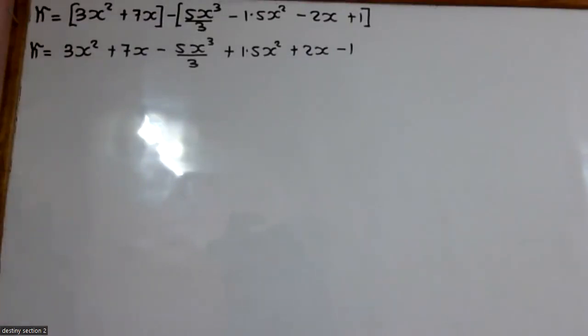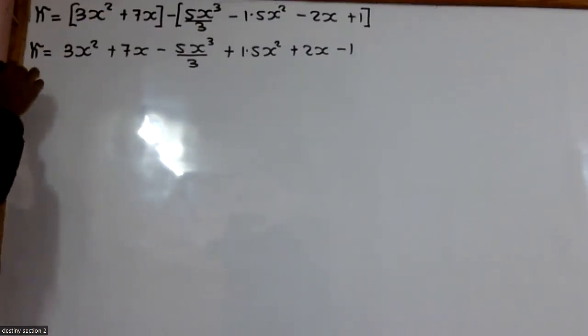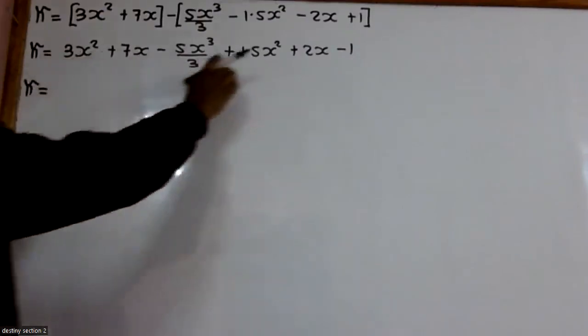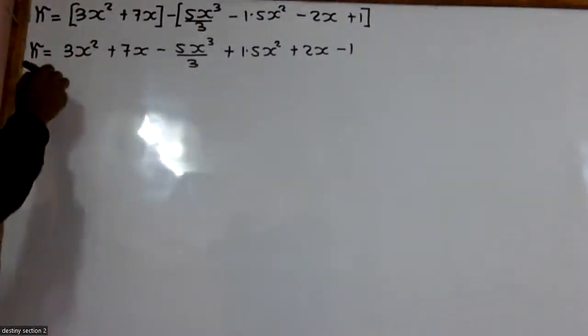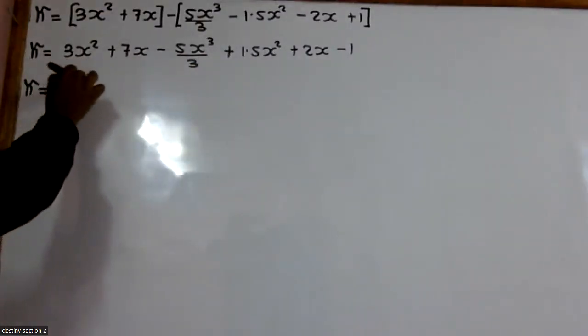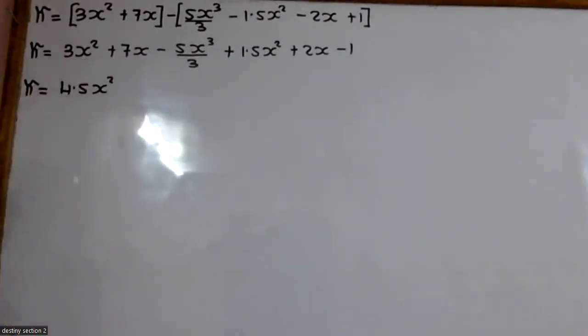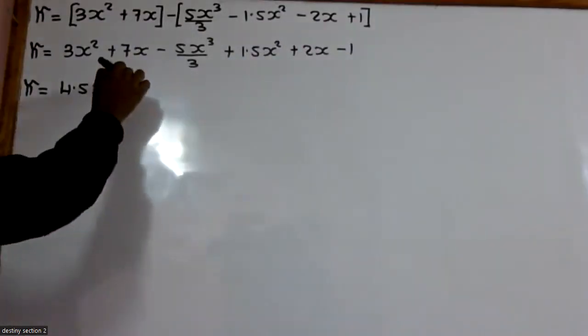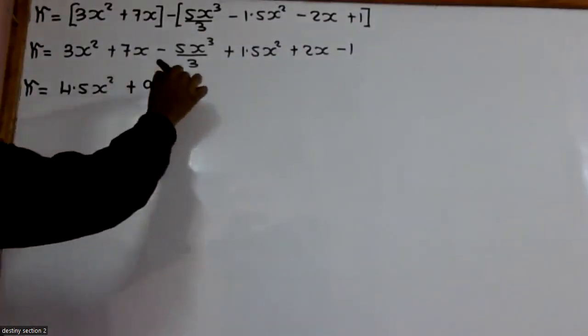From there, putting items together, we will say pi. Now this square to join this square, so that we will have 4.5x squared. And after this x to join this x, so that we have 9x.